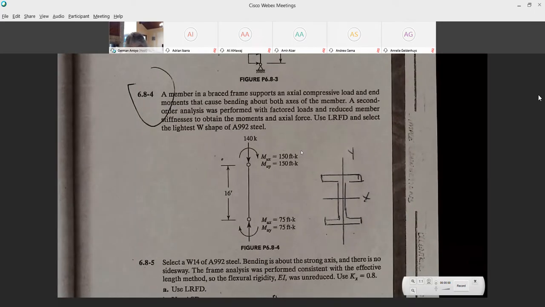These moments, you cannot add these two moments because they're in two different axes, they're perpendicular to each other. So whenever you look at the moment about the x-axis, this 150, M sub U X, is about this axis. So this is the tension side, this is the compression side. And whenever you look at M sub U Y, it's about this axis, so it's about the weak axis.